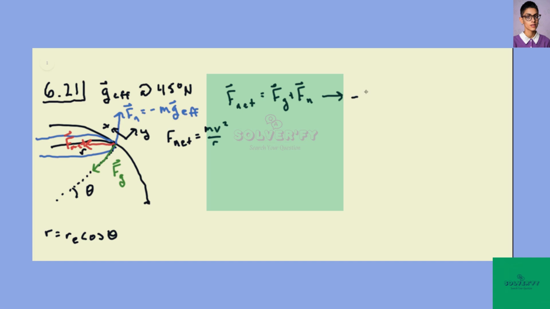So we have negative G times the mass of the Earth over the radius of the Earth squared in the j hat direction, plus F sub n, what we're looking to find, is going to be equal to the two components of the centripetal force, so mv squared over r, times the sine of theta i hat plus the cosine of theta j hat.